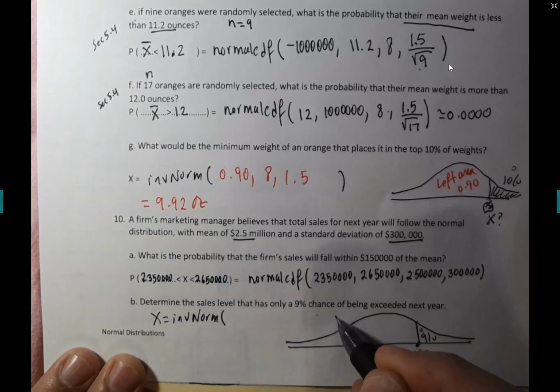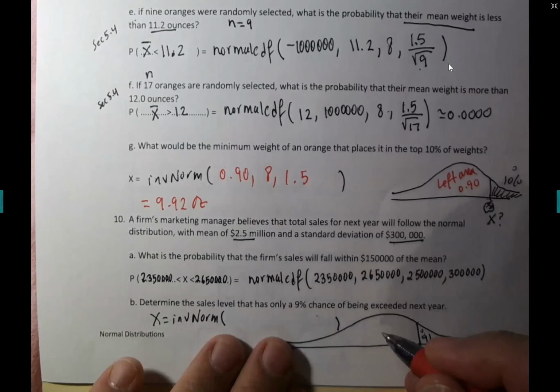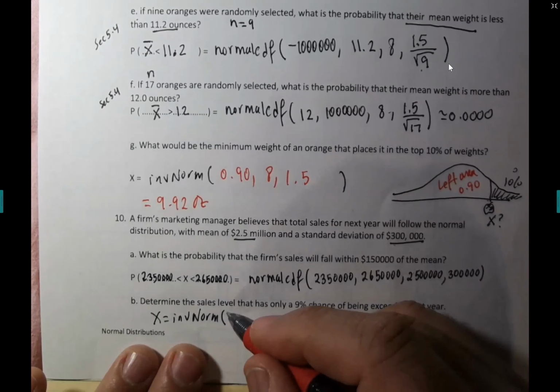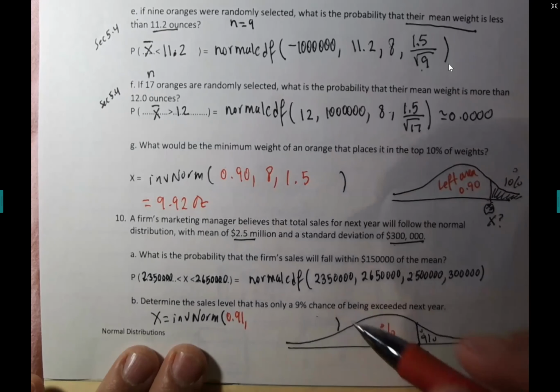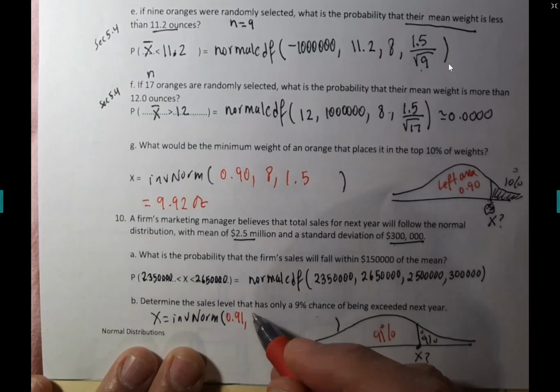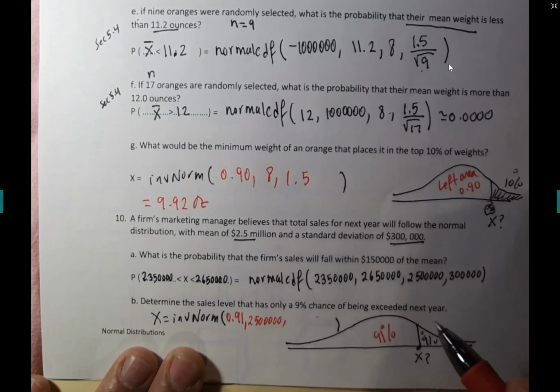And what would be the third argument? If this is 9%, you agree with me that the area to the left is 91%. So it will be 0.91. For students who have the right, left, center calculator, you can put 9% and just select right at the bottom. That will give you the answer. But if it doesn't, you have to specify the area to the left. So that will be 0.91. And then the mean is 2,500,000, and then the standard deviation is 300,000.